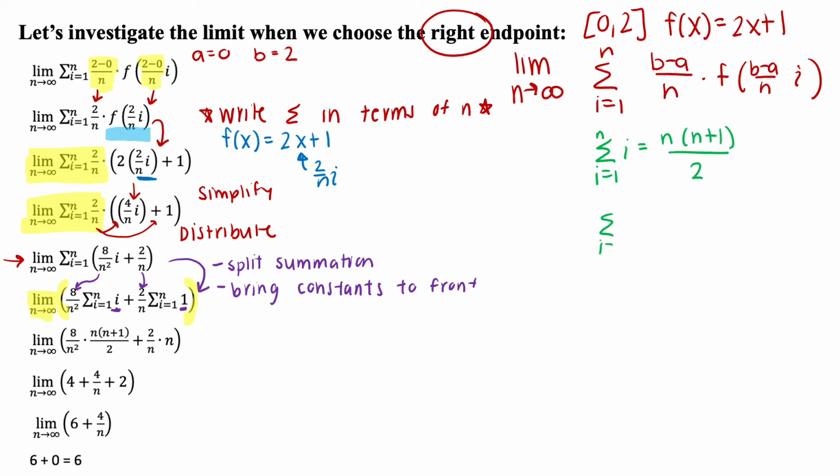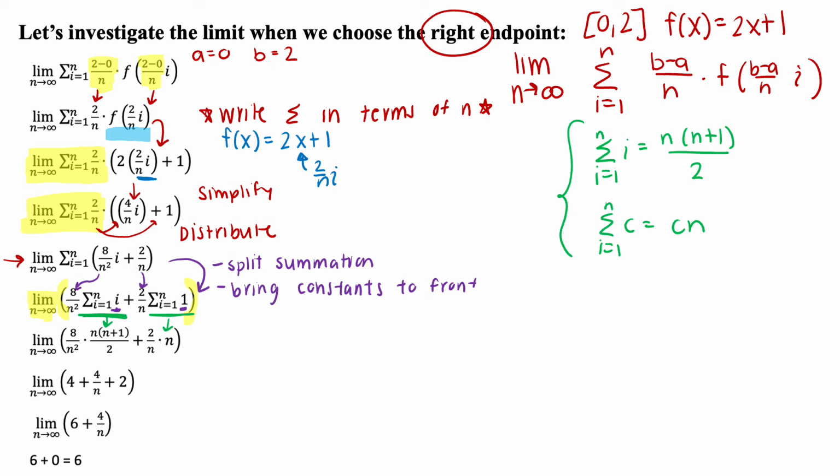And the sum from i equals 1 to n of c is just equal to cn. Those are your formulas from the other day. So you can replace your summations with those formulas. In this case, just like in the warm-up, c is equal to 1, so it's just equal to 1n. And then again, keep your constants that you pulled out, 8 over n squared and 2 over n.